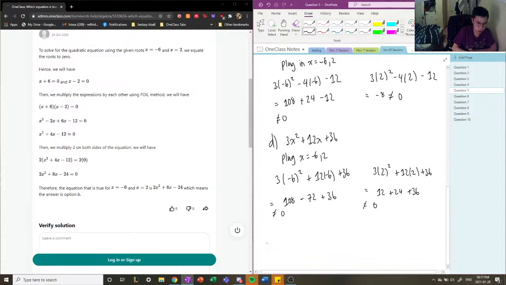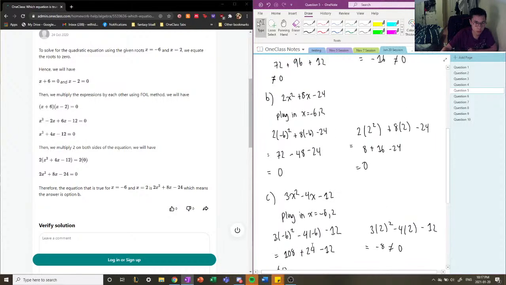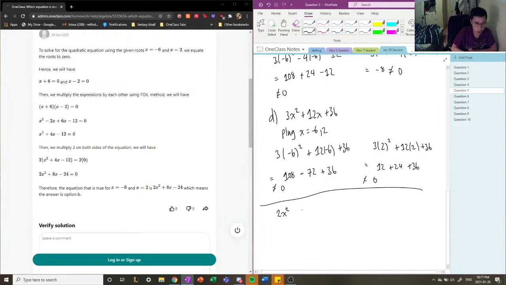Going back to our question here, we have our function as 2x squared plus 8x minus 24. Okay, so let's think of the factors of 2 and -24. The factors of 2 are 2 and 1, and the factors of -24, there's a lot of different factors.